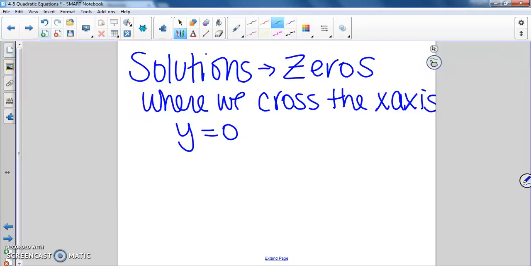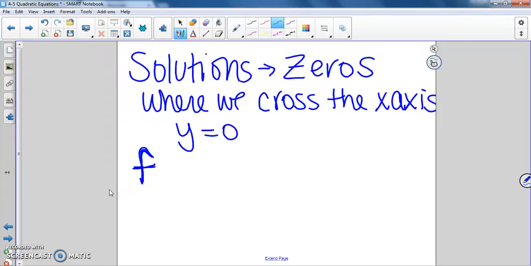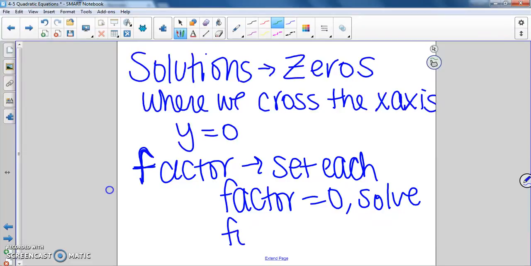Once you set your equation equal to 0, we can factor and set each factor equal to 0 to solve for x.